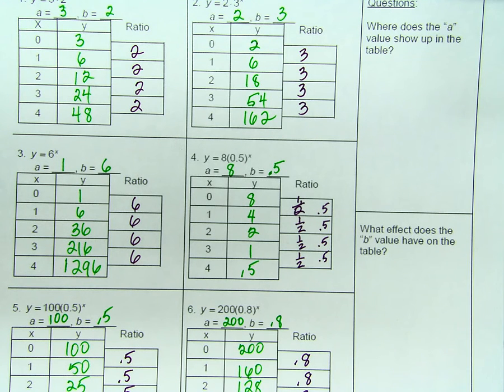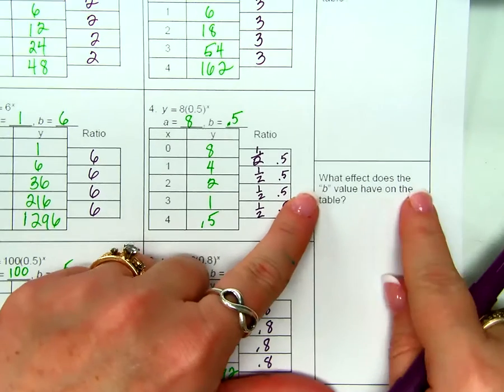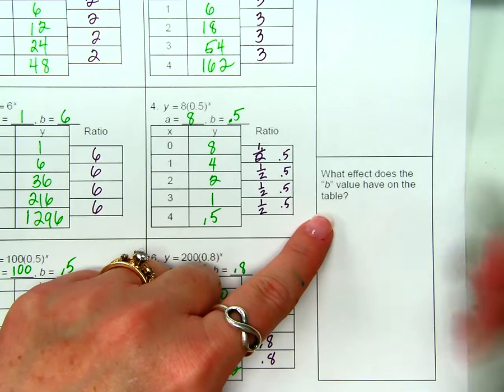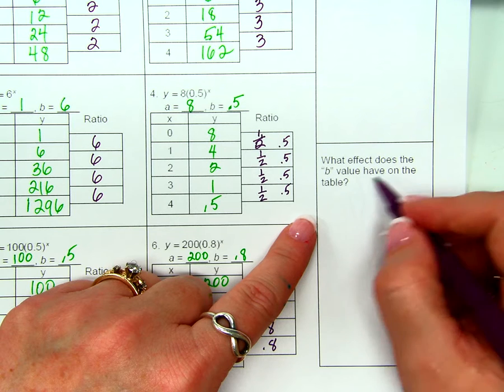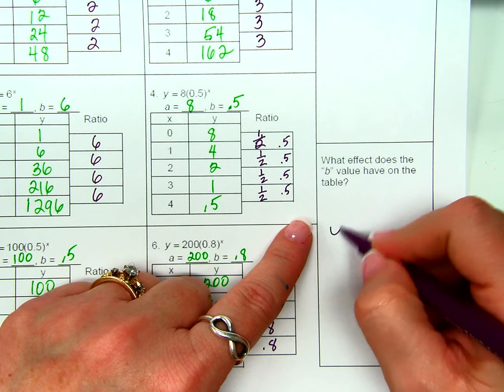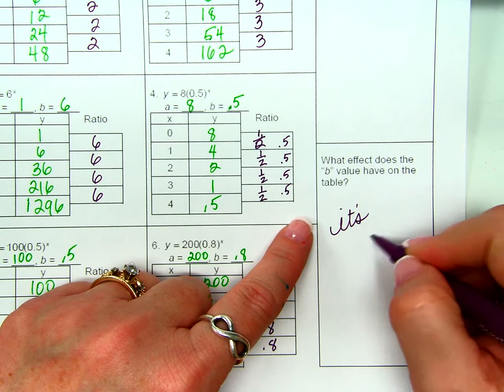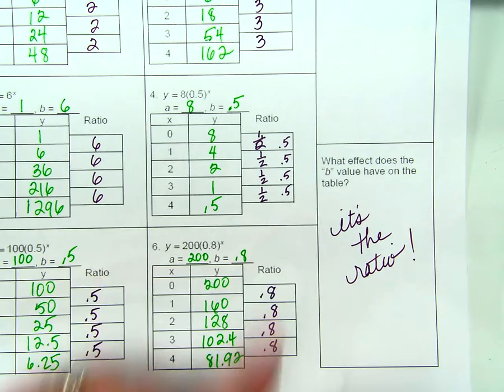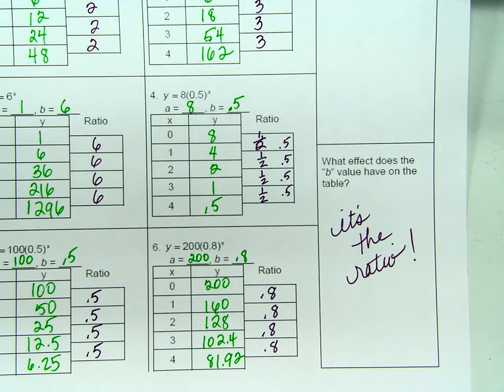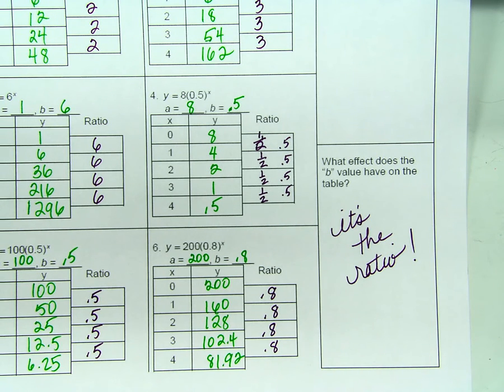Every time. Okay? So what effect does B have on the table? What effect does B have on the table? It's the ratio. Okay? Does that mean that A is the y-intercept? Yes, what's another way we can say that?